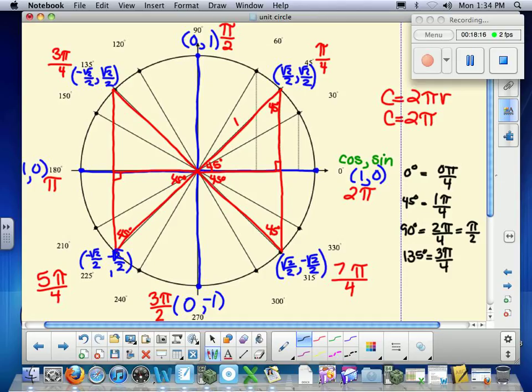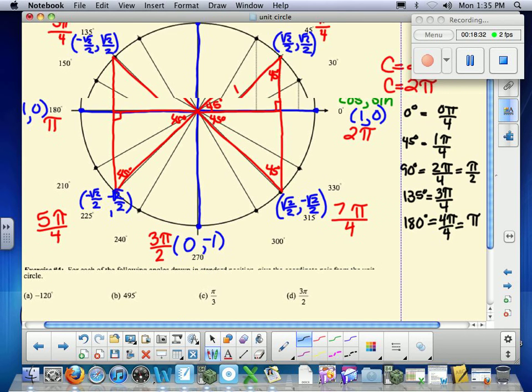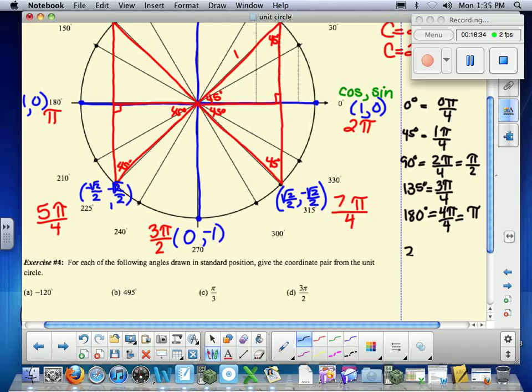Anybody getting a pattern here? You're adding another pi over 4. At 180 degrees, I am at 4 pi over 4, which is 1 pi. At 225 degrees, I am at 5 pi over 4.